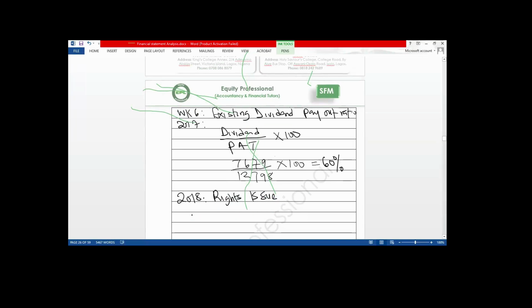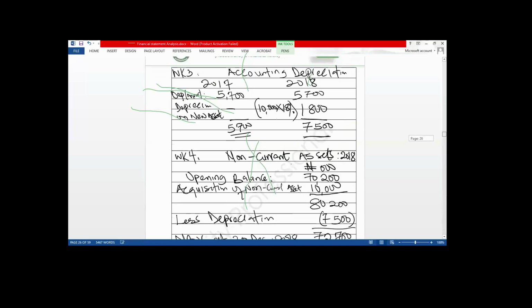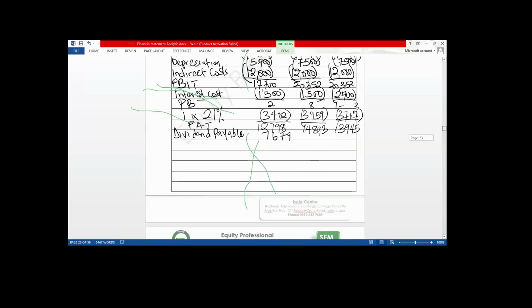We now compute the dividend payable. The dividend payable is equal to 60% of profit after tax multiplied by 14,893.